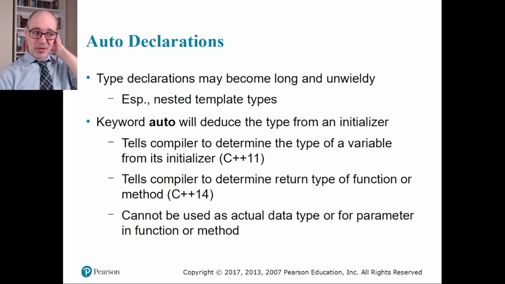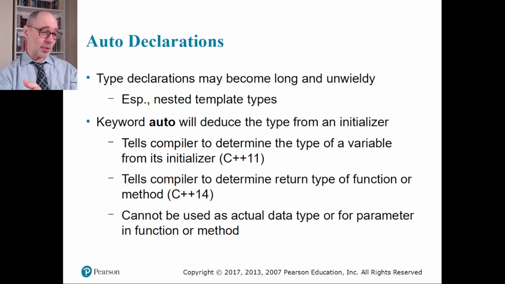But then some later day, I want more precision and I change the return value to a float so I've got decimals. Well, then the variable that I'm storing the result in also has to get turned into a float. But if I've made it auto, the compiler will take care of that automatically for me. So that's kind of nice. So there's a bunch of advantages that you will see auto in a lot of code nowadays.